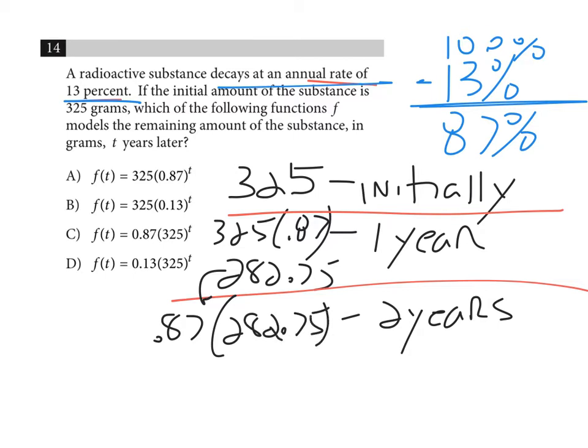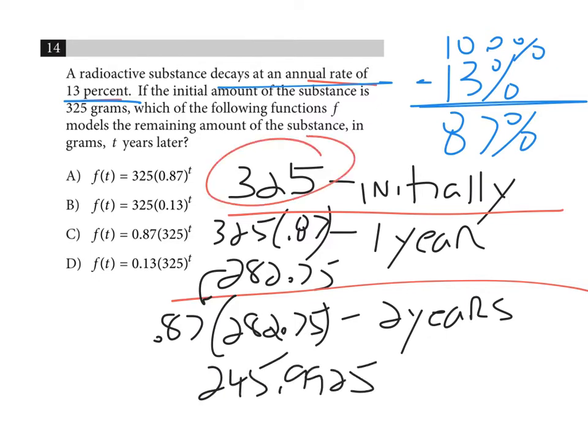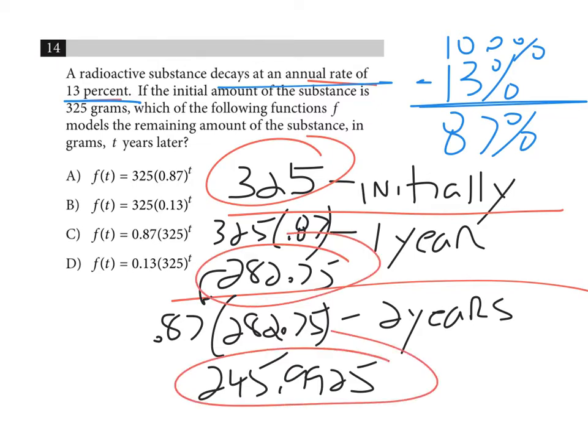So now I'm going to do 87% times that 282.75, so that means the weight is 245.9925. So it started off at 325, after a year it's 282.75. After 2 years, it's down to about 245.99, so 246. So which of the equations represents what's going on?